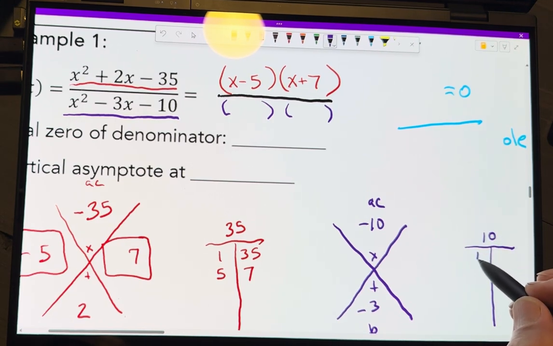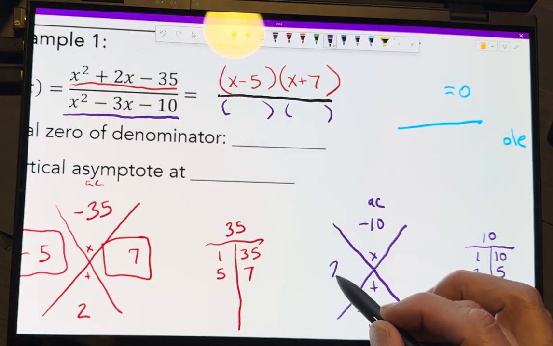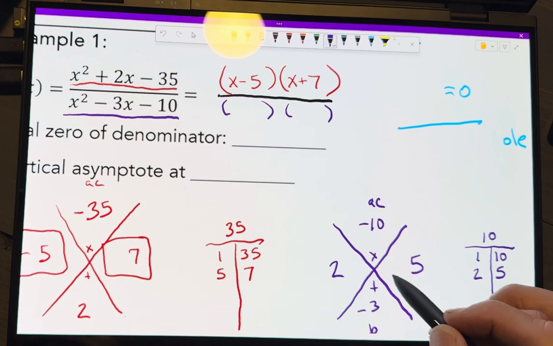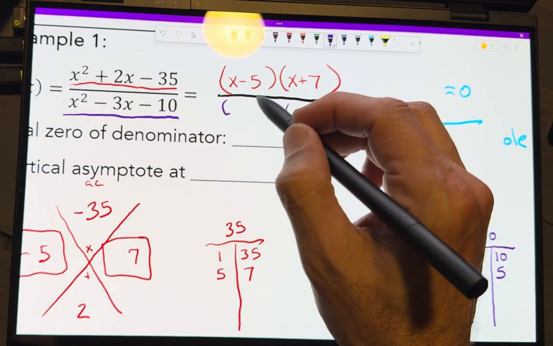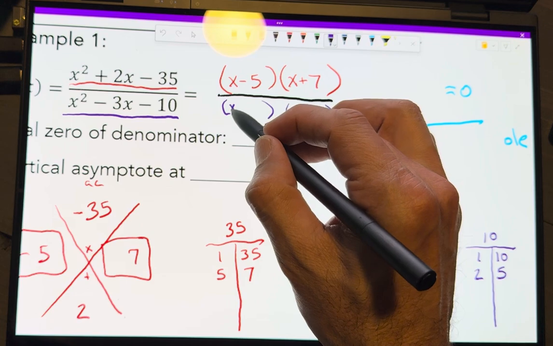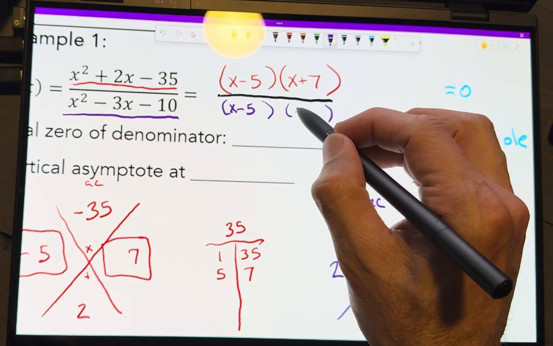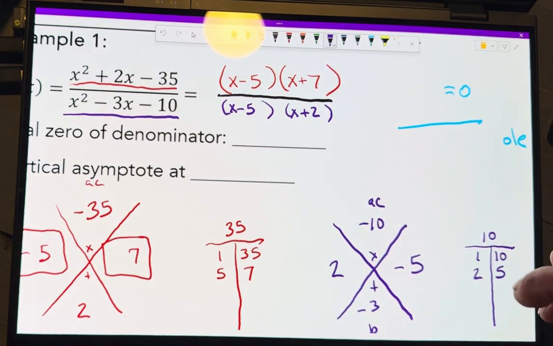So 1 times 10 will give us 10. 2 times 5 will give us 10. And 2 and 5 is what we need. Negative 5 times 2 gives us negative 10. Negative 5 plus 2 gives us negative 3. We got x minus 5 and x plus 2.